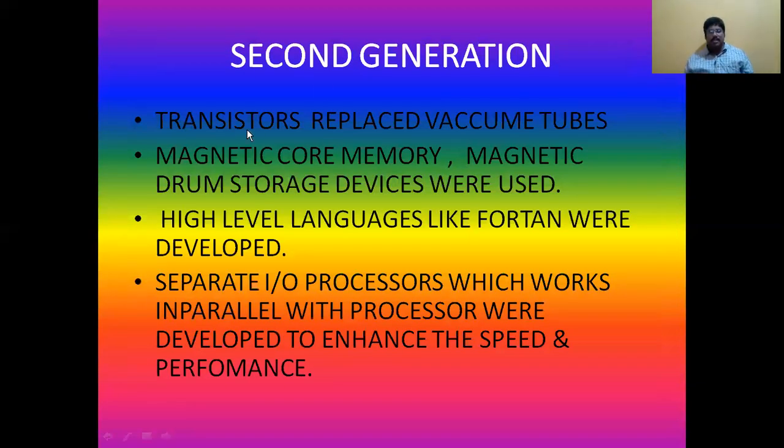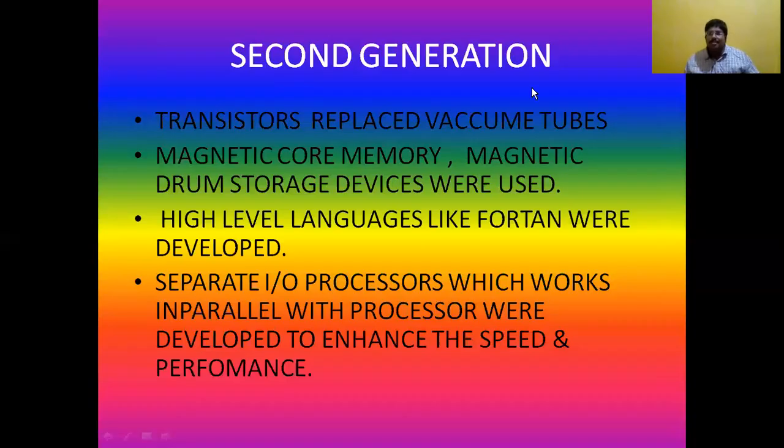So now we are going to discuss the second generation. As you all are familiar, the transistors were invented. As you are all from the ECE background, you should be aware who invented the transistor and what is meant by transistor, because you have come across those subjects.